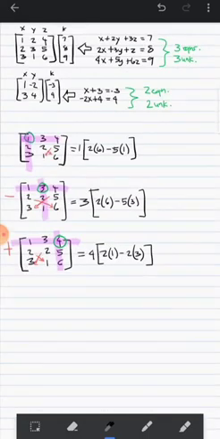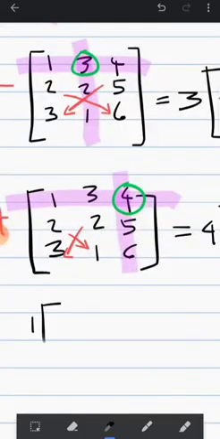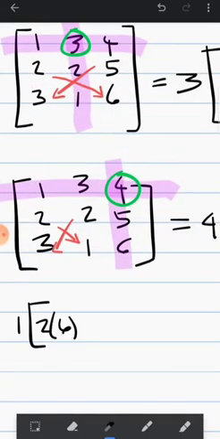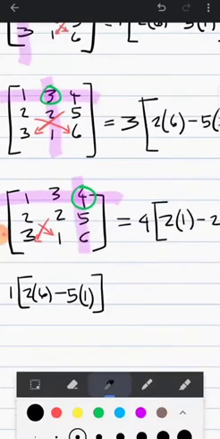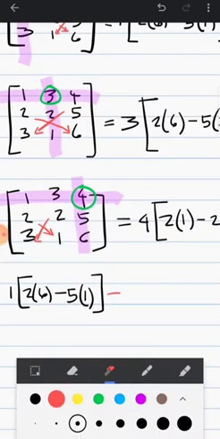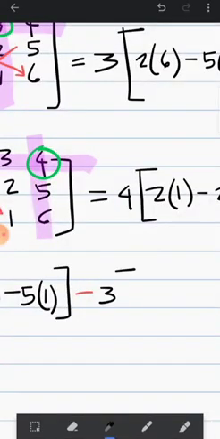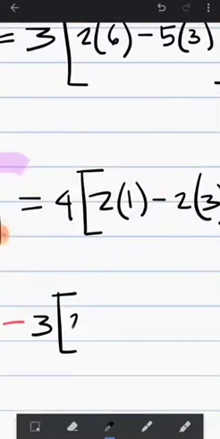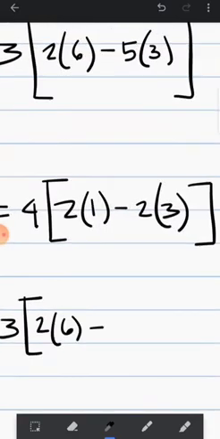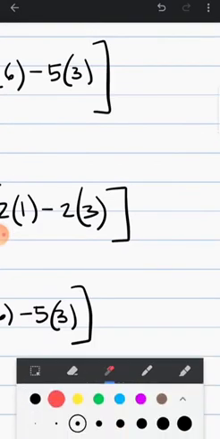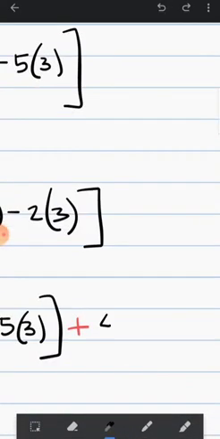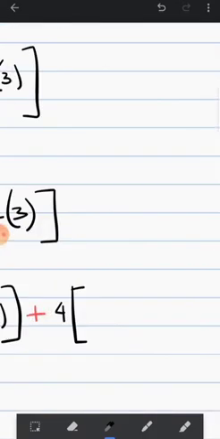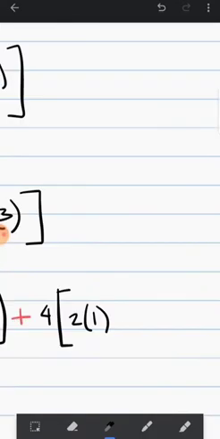So that's it. All in all, we have 1 times 2 times 6 minus 5 times 1, minus the other matrix 3, or second row, second column is 3, and then plus 4, and then 2 times 1 minus 2 times 3.